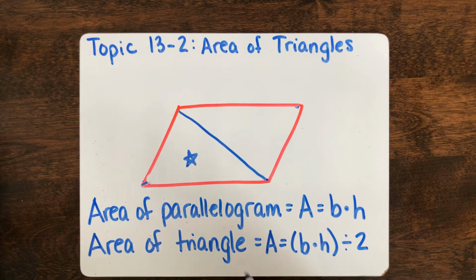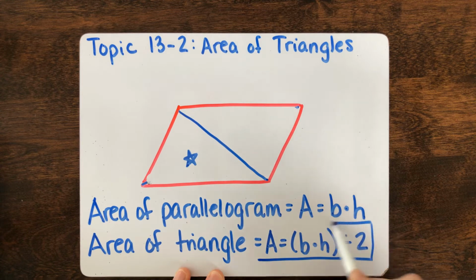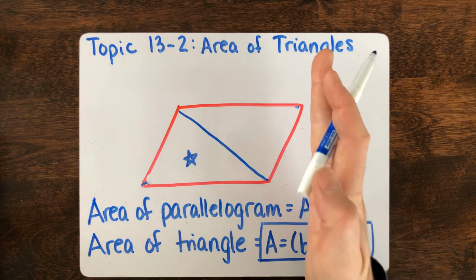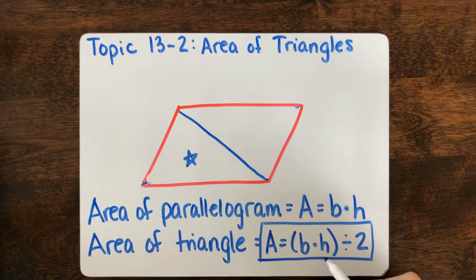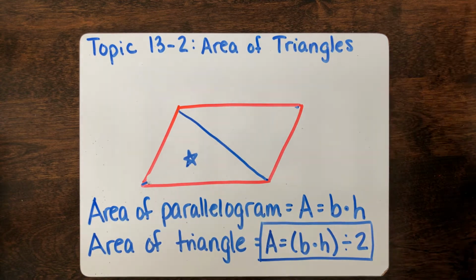The area of a triangle, any type of triangle, you find the base, you find the height, and then you divide it by 2. All right, and that is the new formula that we're talking about today. So any triangle anywhere, you take the base, you take the vertical height, never diagonal, and then you divide both of those things by 2. All right, so let's go over a little example.